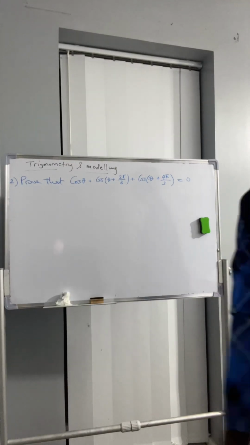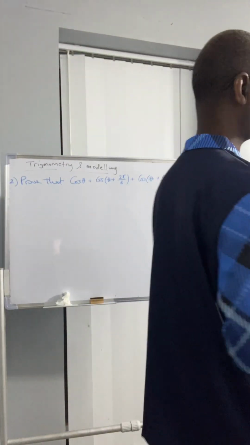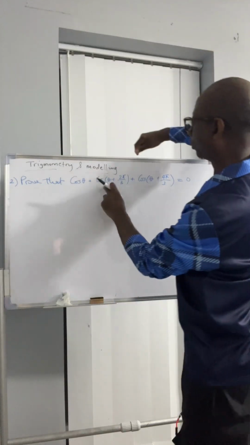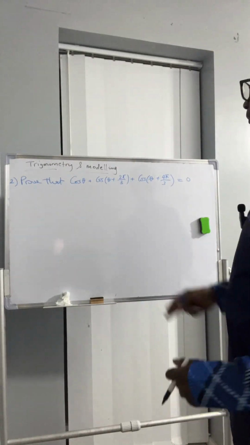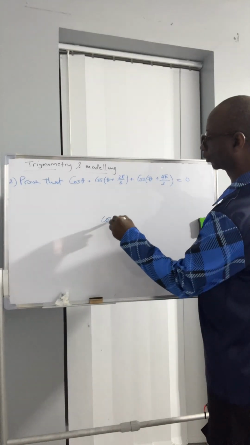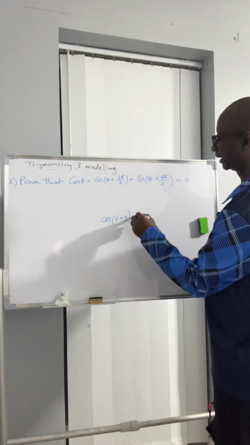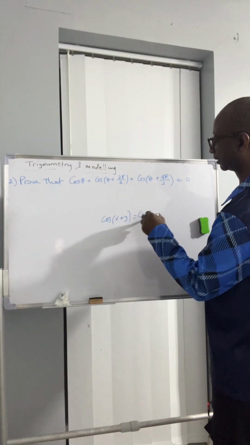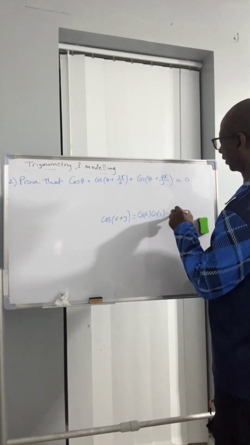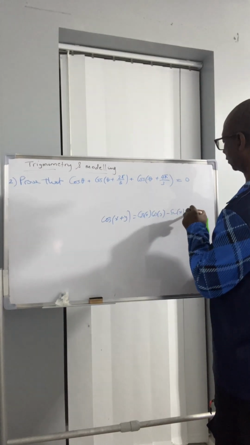Again, we are going to use the addition formula to solve these problems. So let's jump into it straight away. We know the cosine of x plus y gives you the cosine of x, cosine of y, minus sine of x times sine of y.